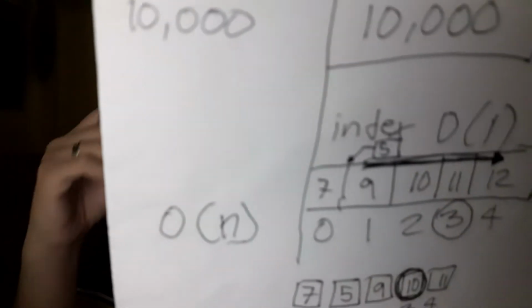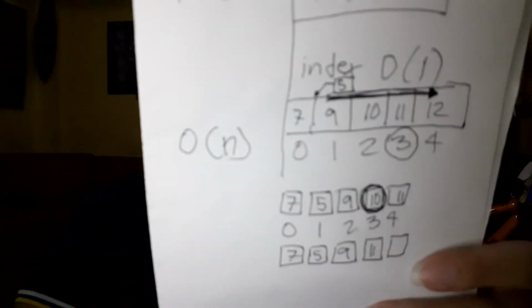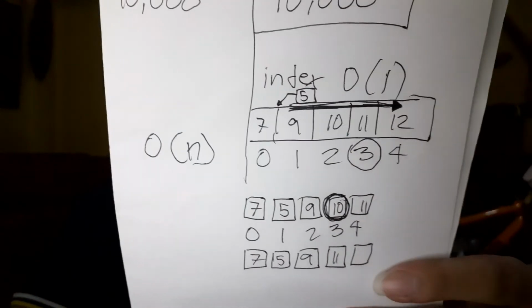7, 5, 9, 11, and an empty box. 7, 5, 9, 11, and then an empty square that has no value in it. And what we've done here, we've set 0, 1, 2, 3.